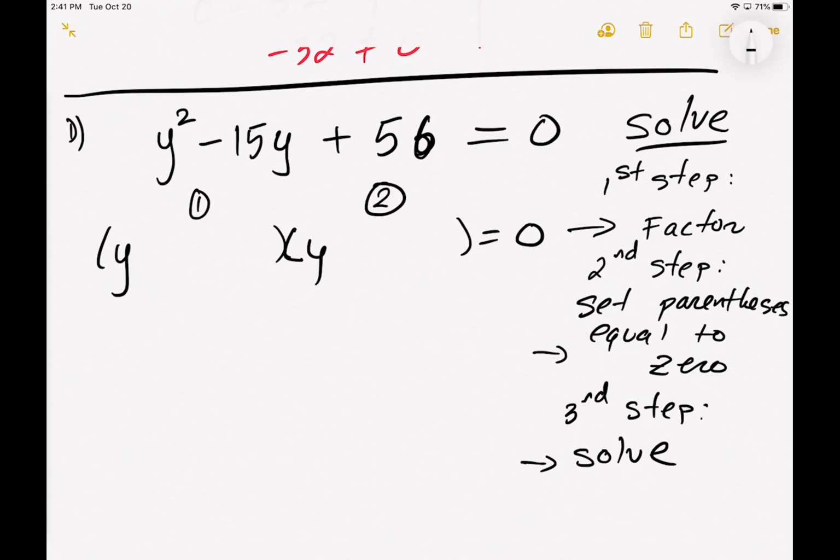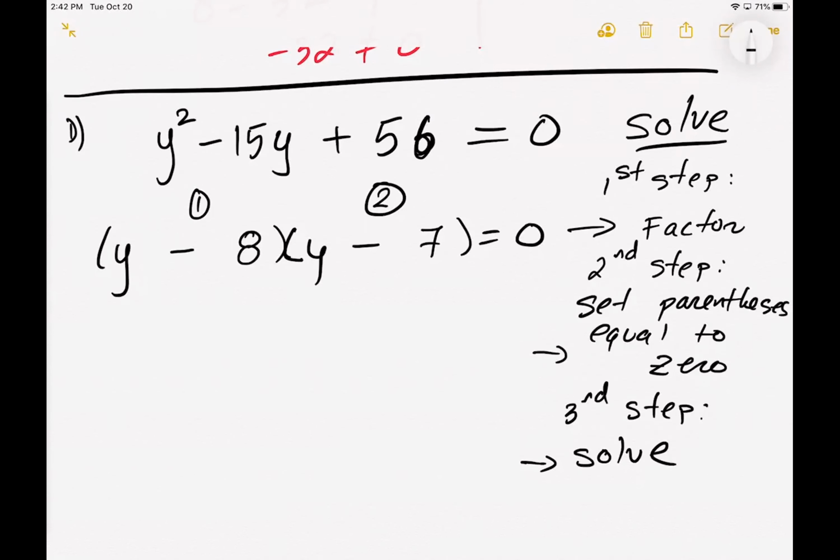Hopefully you say 8 times 7. 8 times 7 is 56, 8 plus 7 is 15. What are my signs? Both of them are negative. Negative 8 times negative 7 is a positive 56, and negative 8 plus negative 7 gives me a negative.